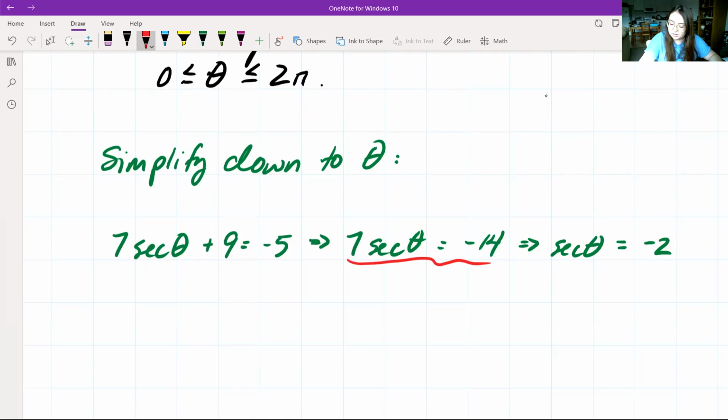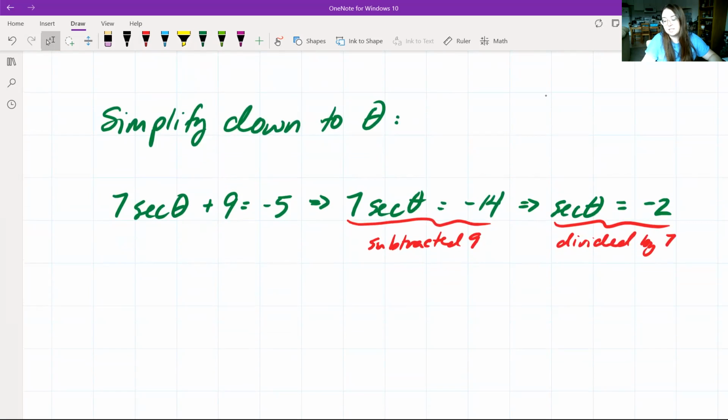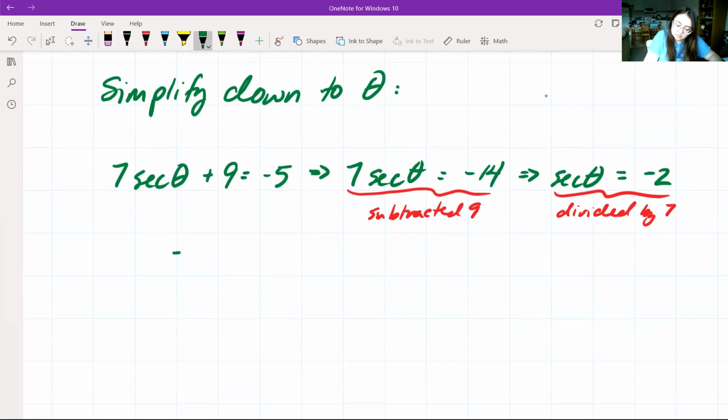So we subtracted 9, and then we divided by 7. We want to simplify down to theta. So this gives us our final value for theta, which is theta is equal to secant inverse of negative 2.